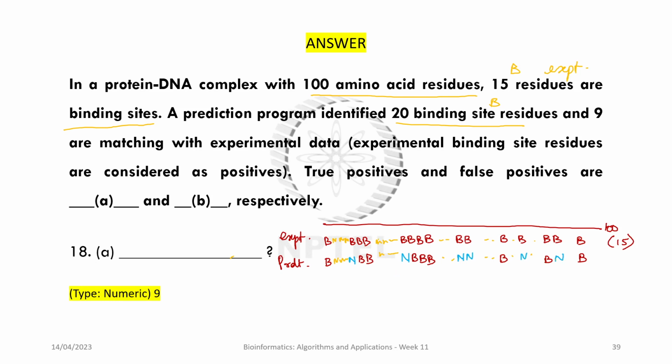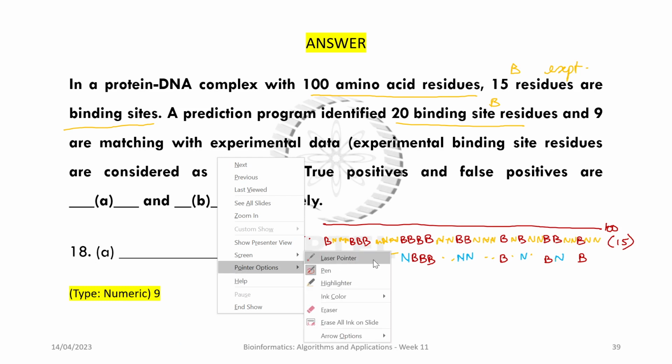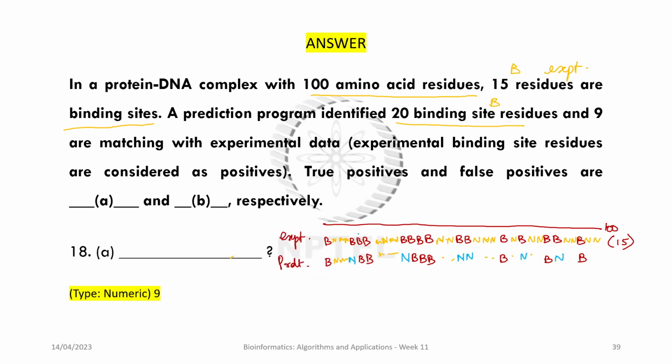Apart from these, where you have N in experimental, in certain cases you have B in prediction. That is how you get 5 extra.